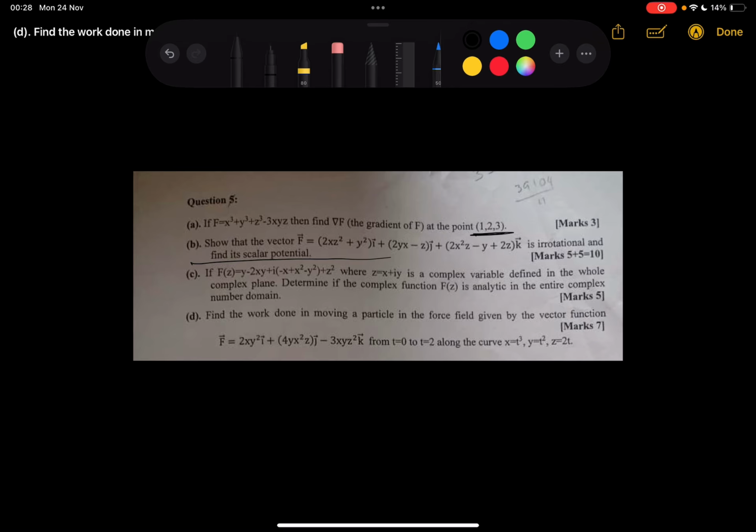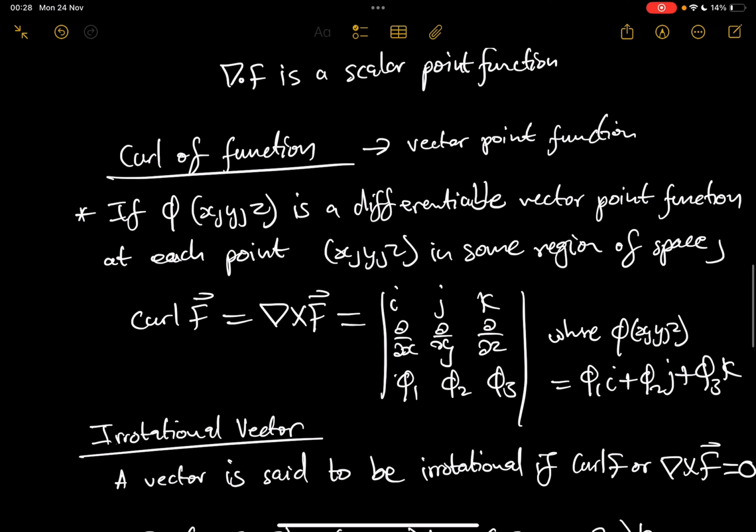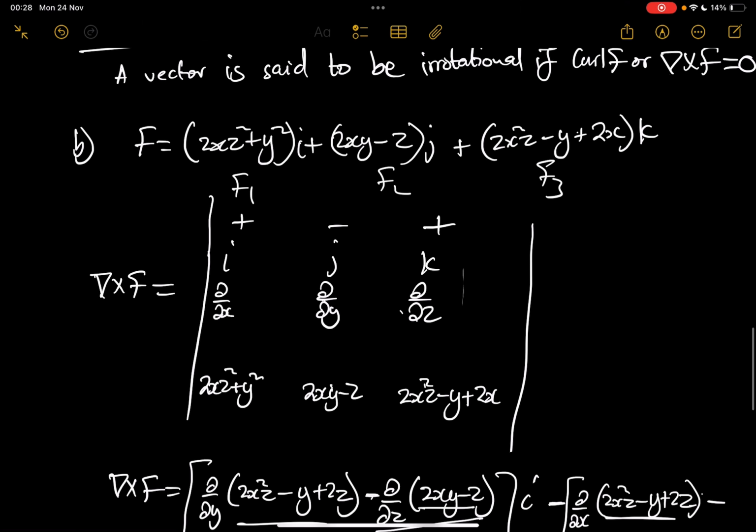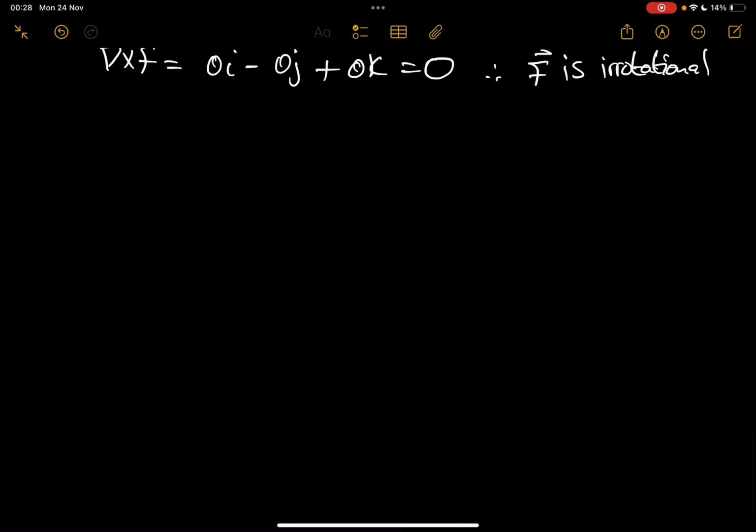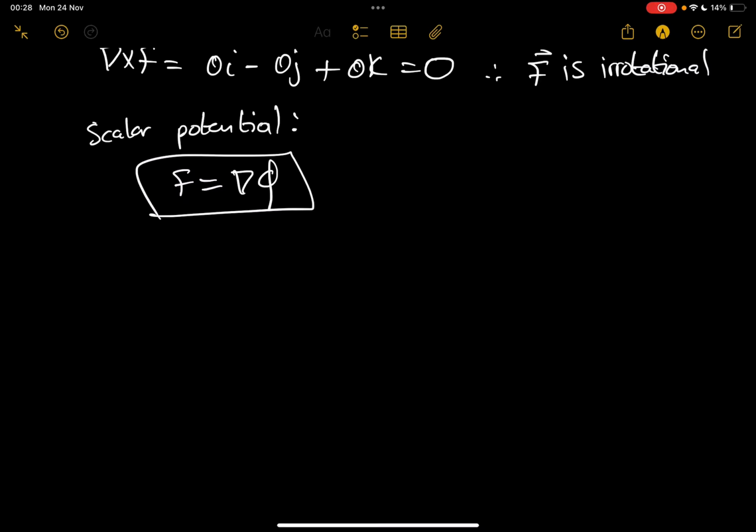And then now let's look at how to find the scalar potential. Finding the scalar potential is actually easy. For the scalar potential, you need to remember something. This is the formula that you're going to use. So already we know f. What is f?